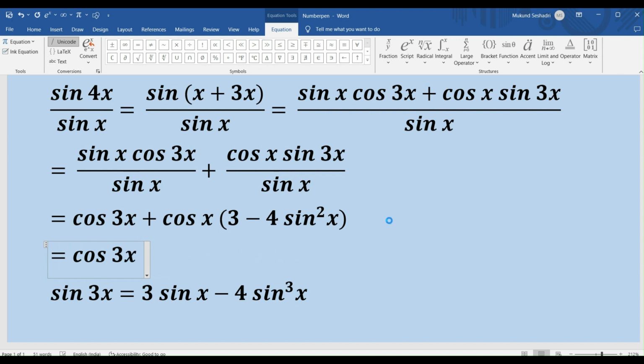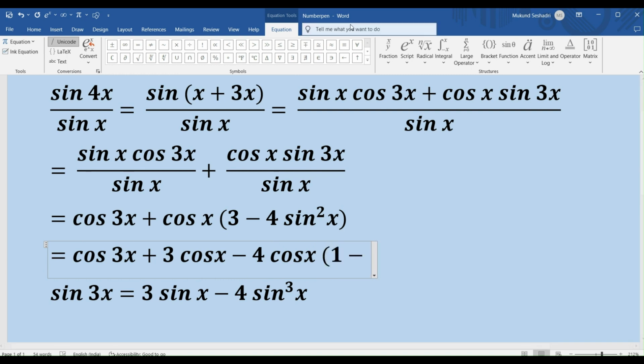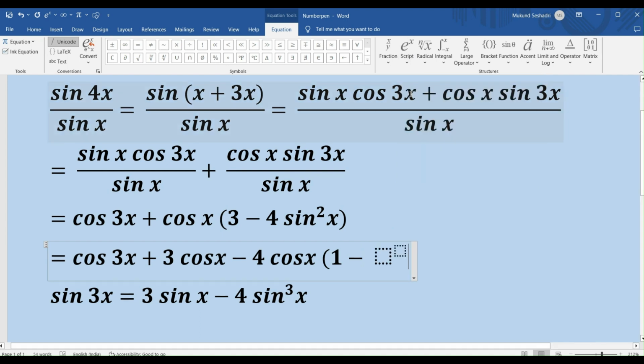Cos 3x plus 3 cos x, right? Minus 4 times sine square x cos x, right? I can rewrite this as 4 cos x into 1 minus cos square x, right?